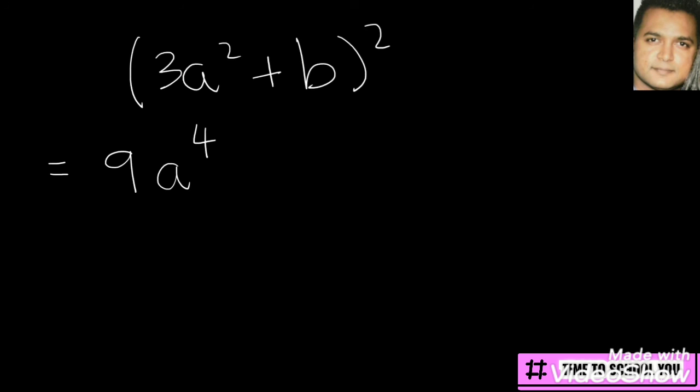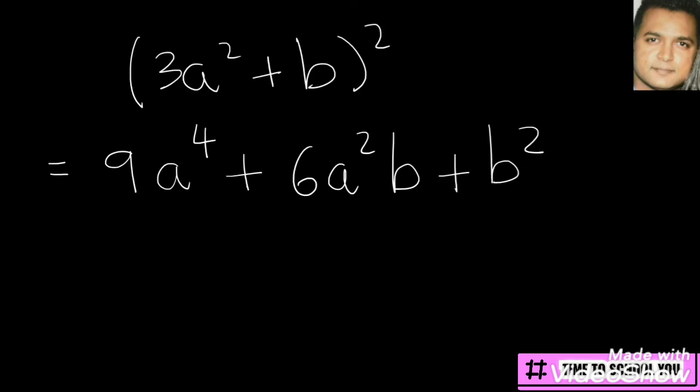Now in order for us to get our second term, it's the first term times the second term, which would be 3 times 1, and we multiply that by 2, which would be 3 times 1 is 3, times 2 is 6. And we have a squared b, and to get our last term, we square the last term, which would be b squared. There's nothing further we can do, and this becomes our answer.